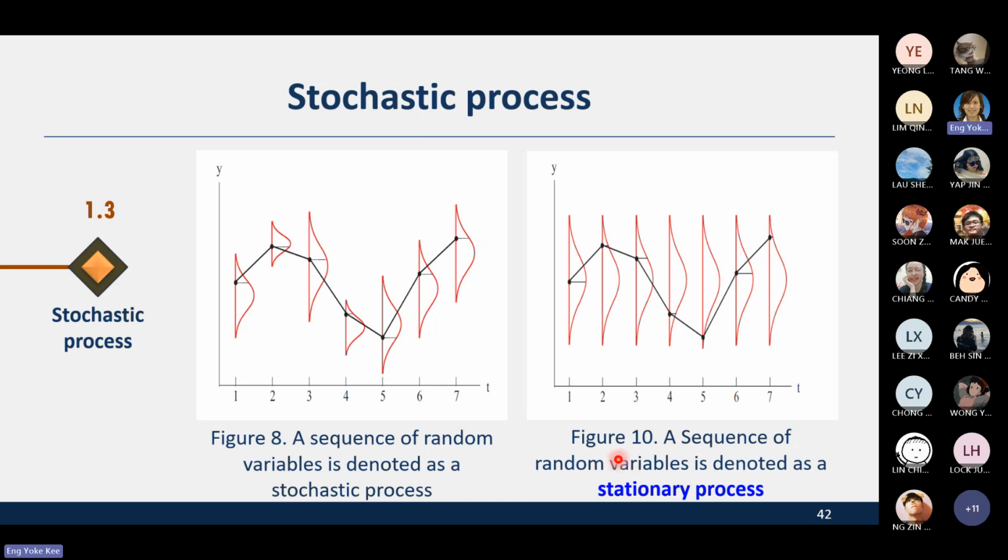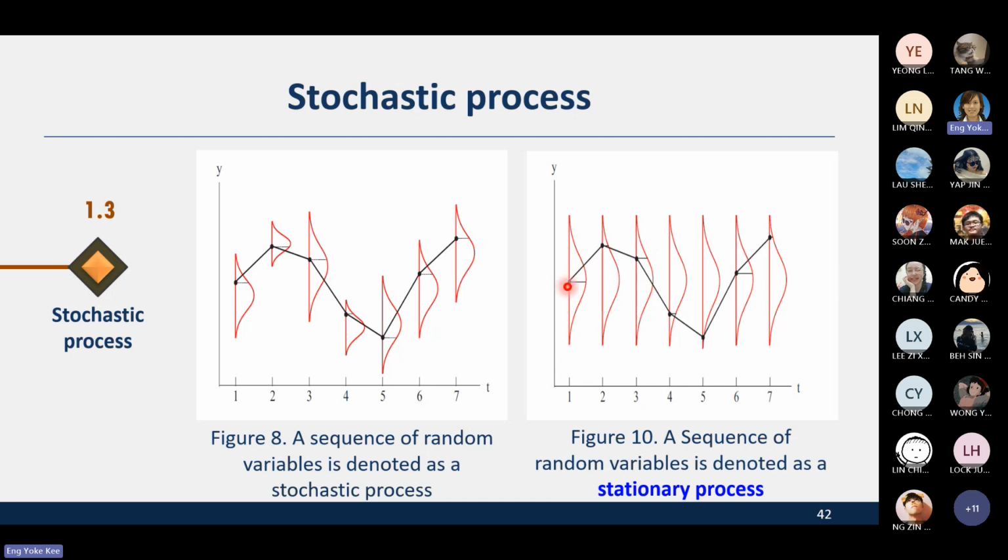What does it mean? We want our stochastic process to behave in this manner. Compare the left and right panels. What is the key difference? Each data point, you look at the probability. Is it the same? Yes.